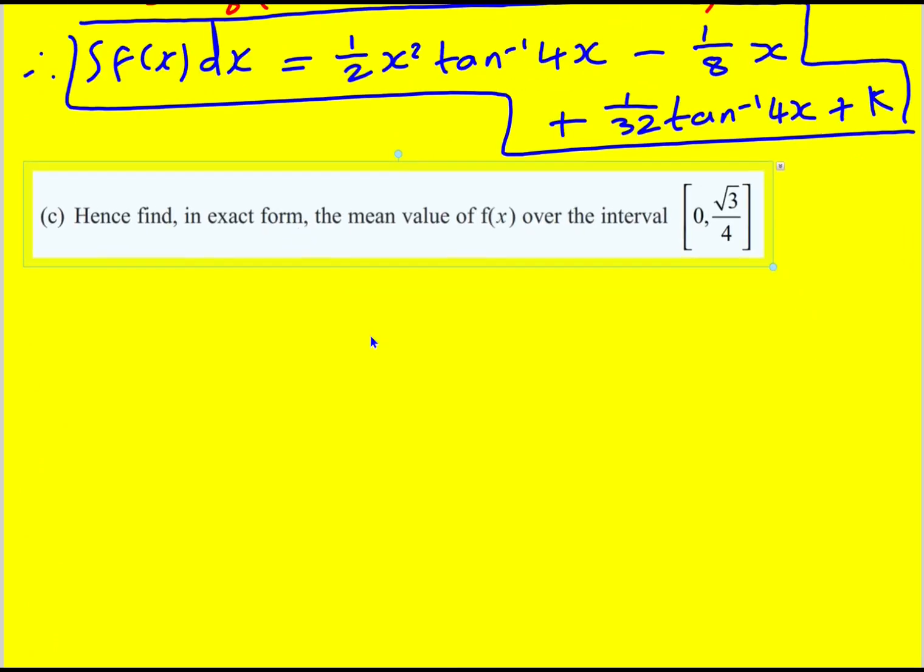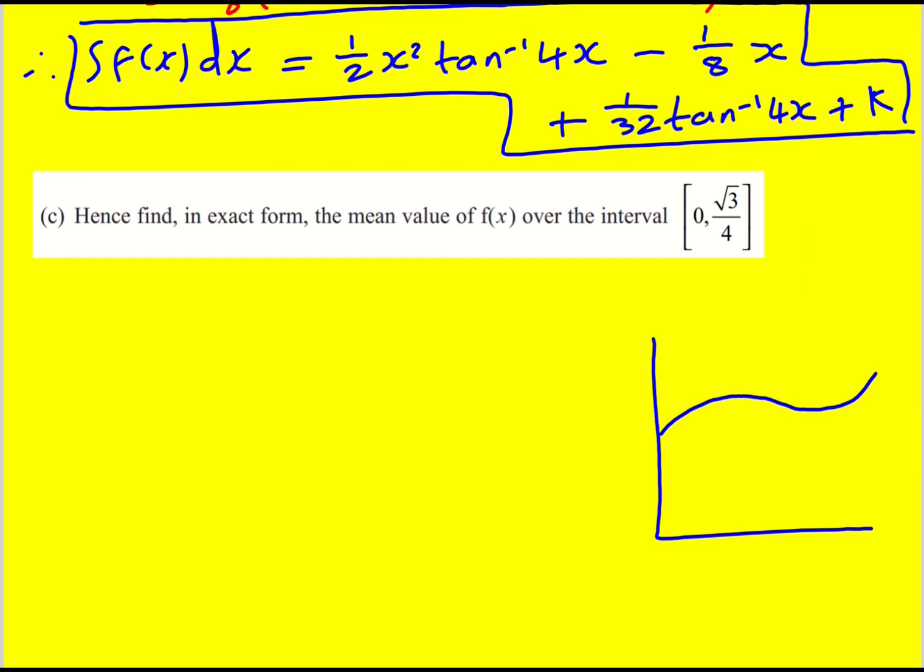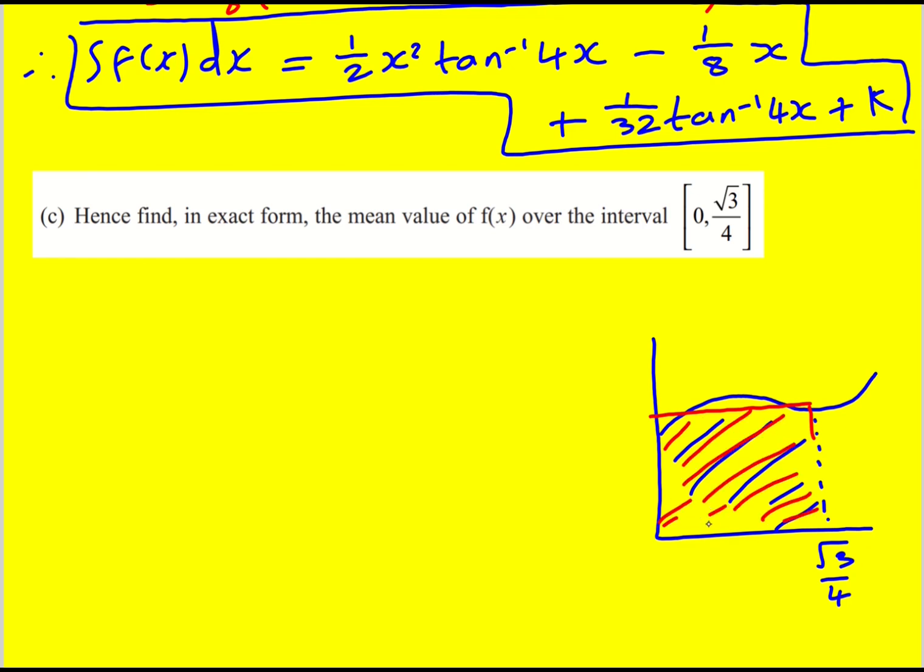Okay, let's do it. So just a little sketch. I don't know what this function looks like originally. If we integrated it between 0 and root 3 over 4, we would get this area here. And the mean value is when we then draw a line going across and we create a rectangle with the same area.